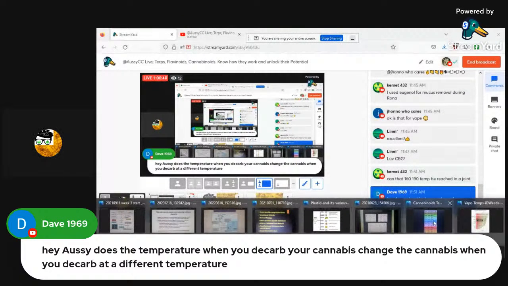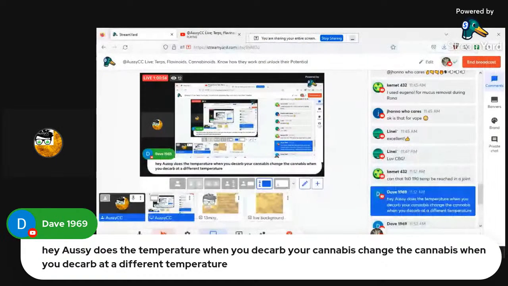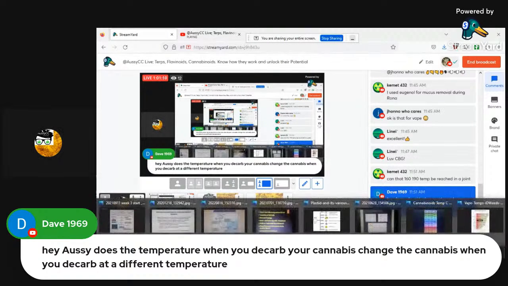This one. So if you, what was the question again? Just to accurately answer it. Does the temperature when you decarb your cannabis change the cannabis when you decarb at different temperatures? Yes, because it'll be decarb.